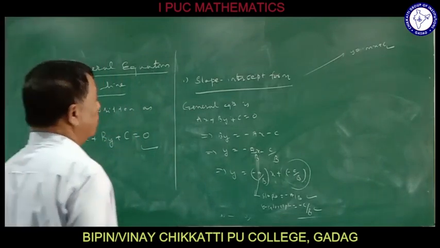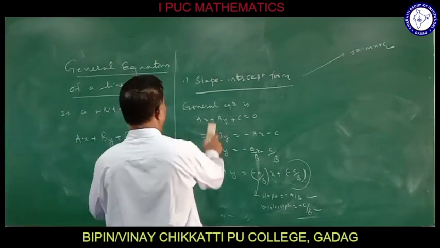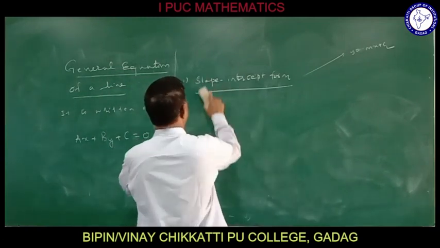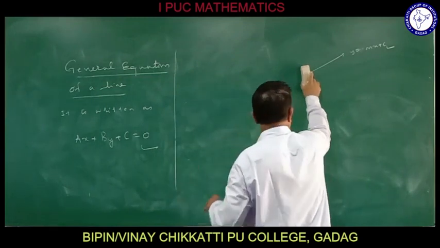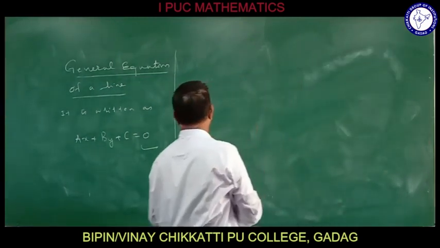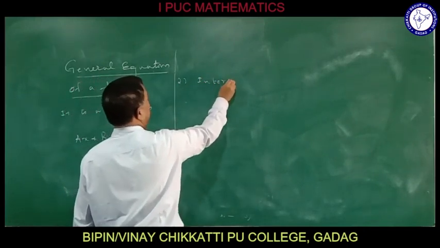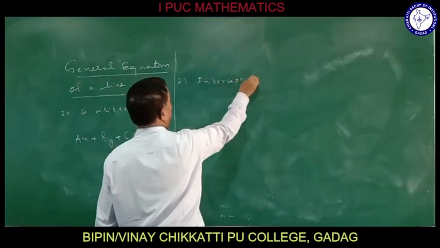Now this is the case with slope intercept form. Now I am discussing how to reduce the general equation of the line to intercept form. What is the intercept form? I am explaining.